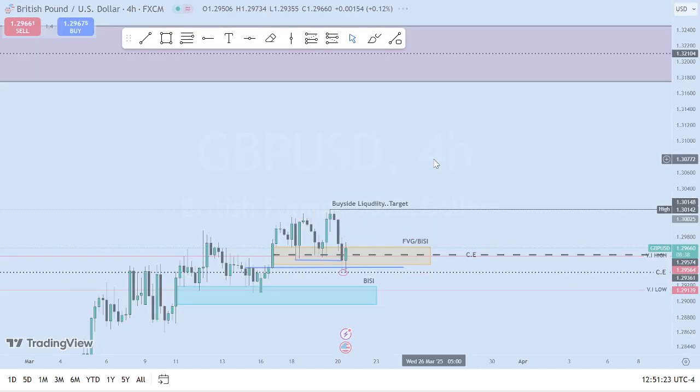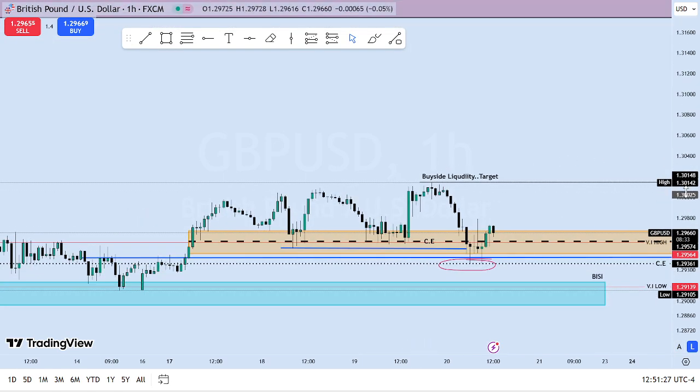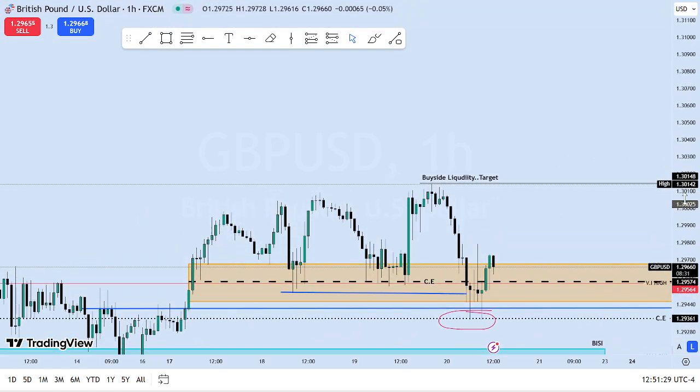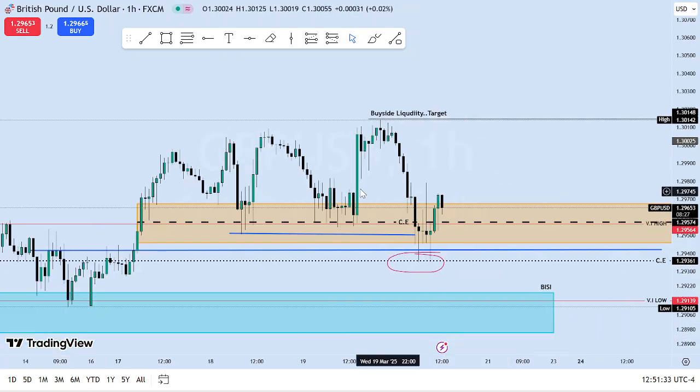Go down to 1 hour. You see a 1 hour chart, 1 hour time frame. Here in 1 hour, you could see an inversion. That is an inversion fair value gap. It's a high probability setup, between this candle up here and this bearish close candle.